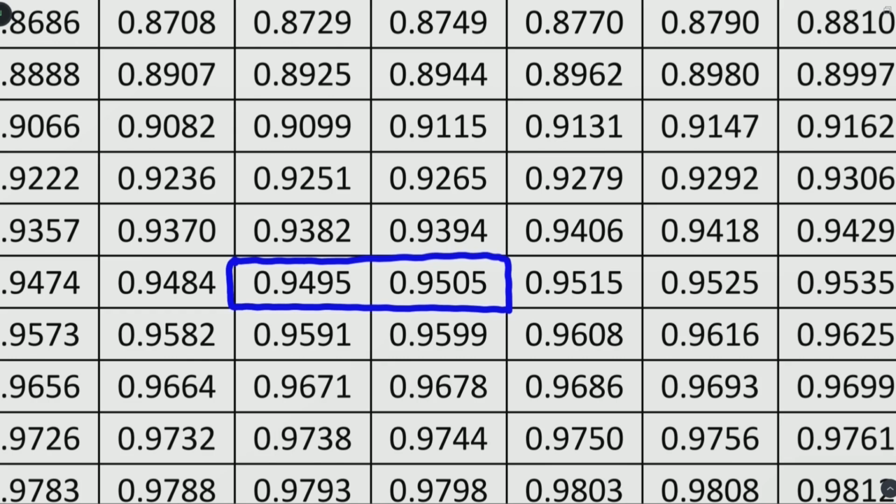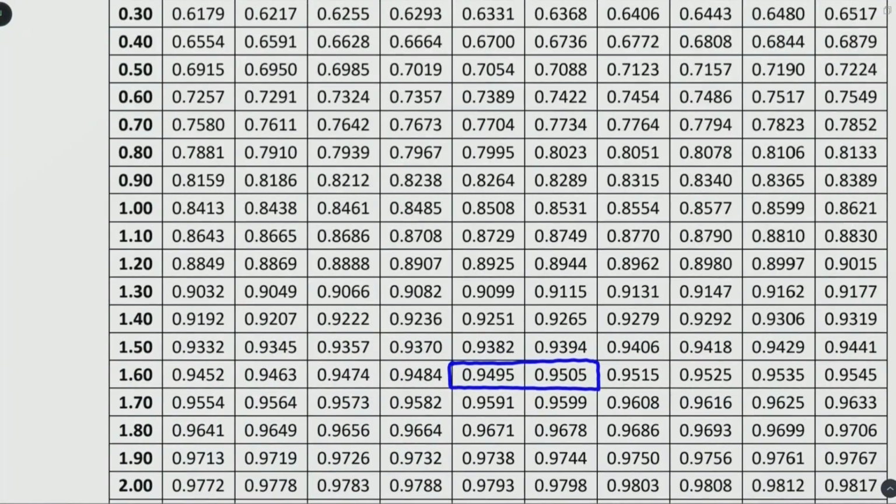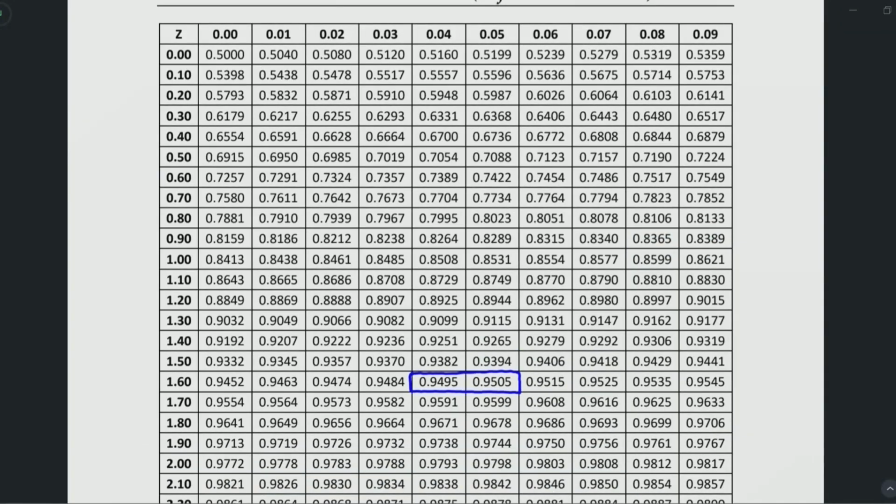Between these two, what will lie is 0.95, correct? So where do we find these areas? In what value of Z? Look at the connection. It is in the row 1.60 and it is connecting the columns which have the column heading as 0.04 and 0.05.